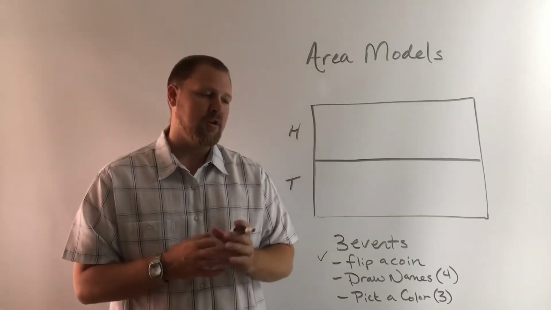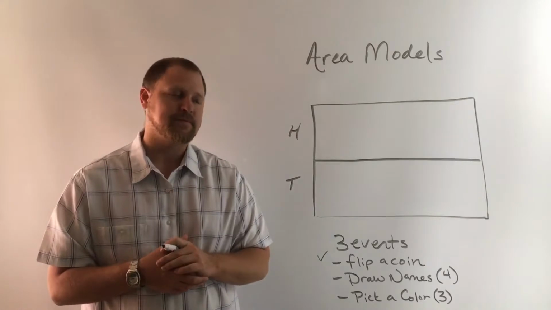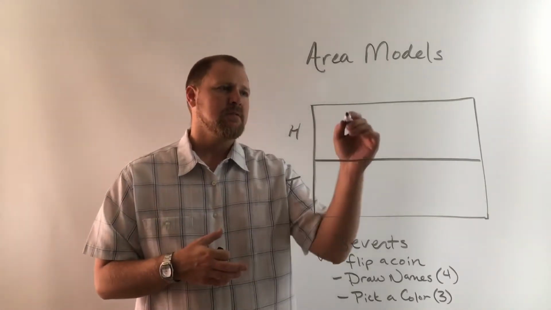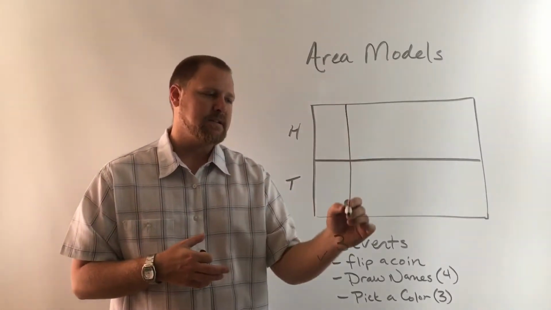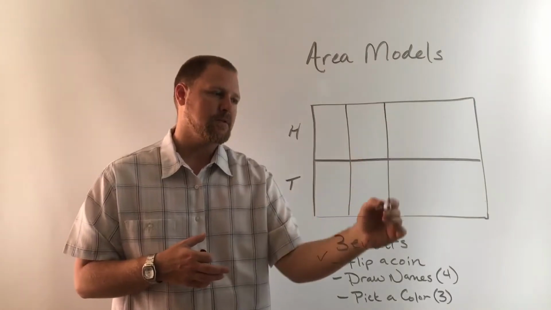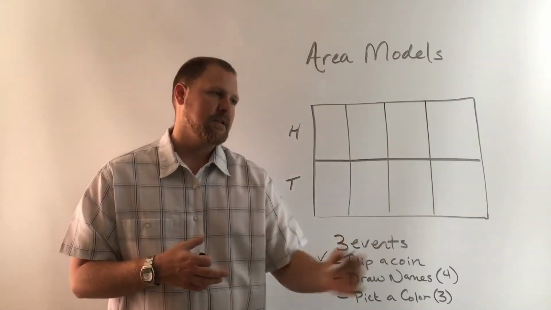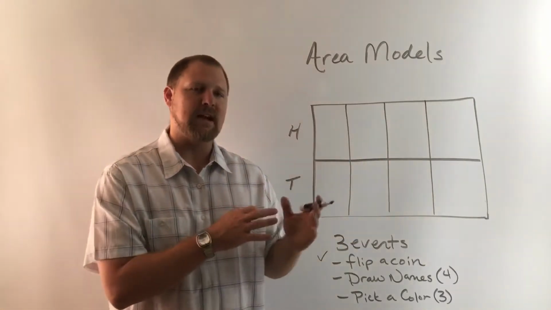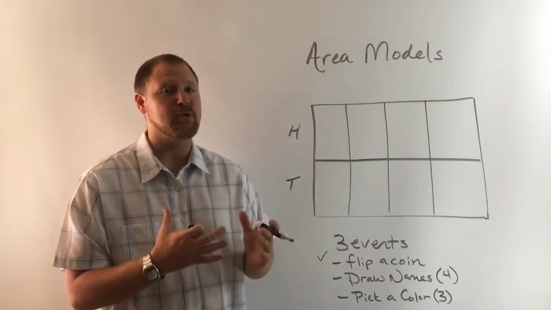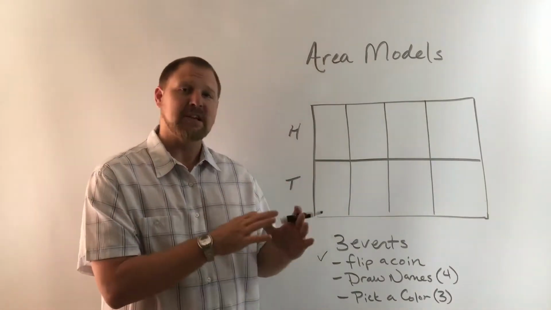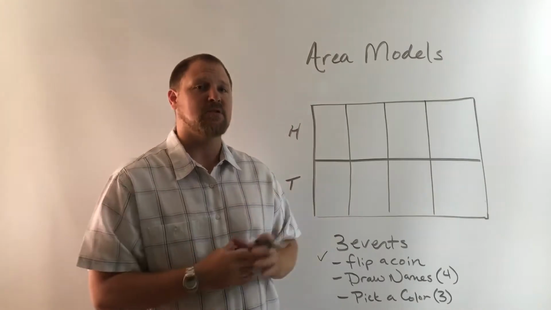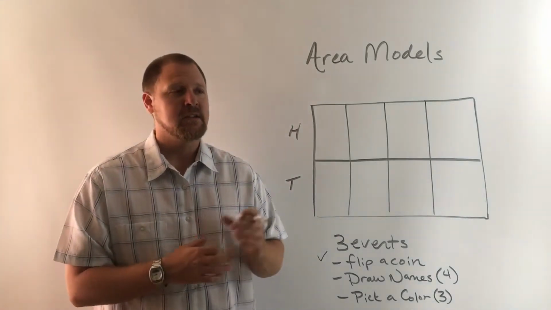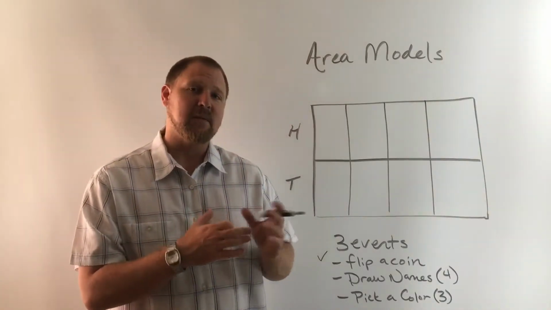Okay? The second one, so we got this flipping a coin modeled here. The second one, drawing four potential names. So we have to try to divide this evenly into four spaces. Now, I don't think those are exactly even. However, you have a ruler. If you want to fixate upon precise measurements, you can always have the kids do everything they can to measure it out and divide it by 4.